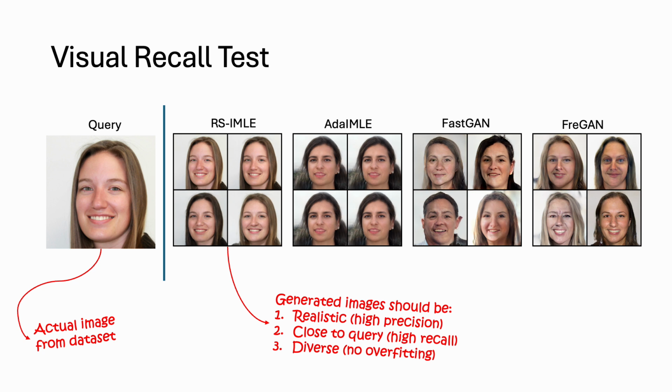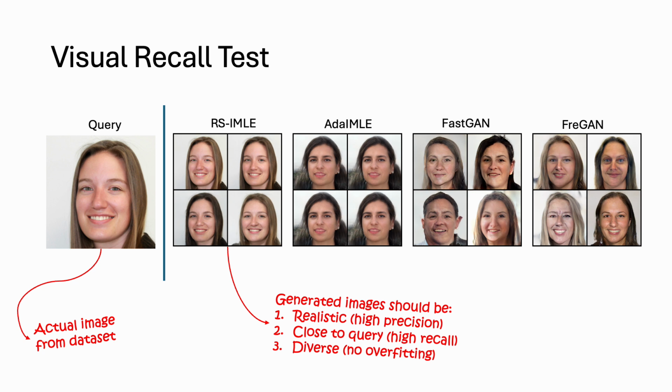We demonstrate the qualitative performance of our method using something we call the visual recall test. Using trained models of the baseline, we sample 1,000 images and store these images in separate databases. Next, using an image from the actual dataset, we query these databases and find the nearest neighbor in the samples using this query.